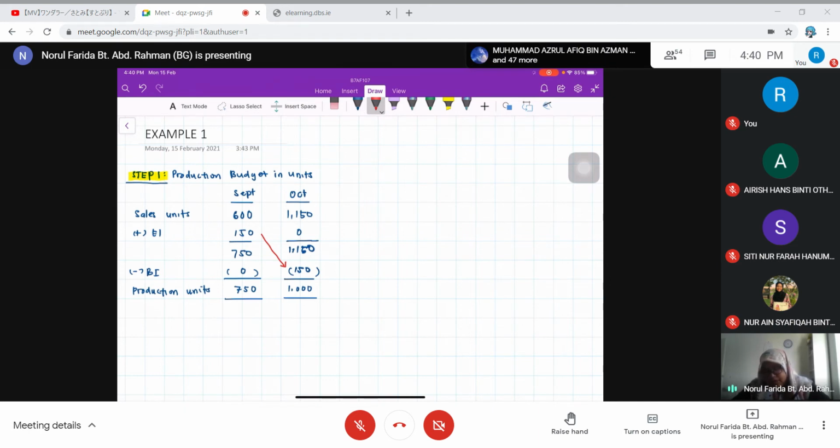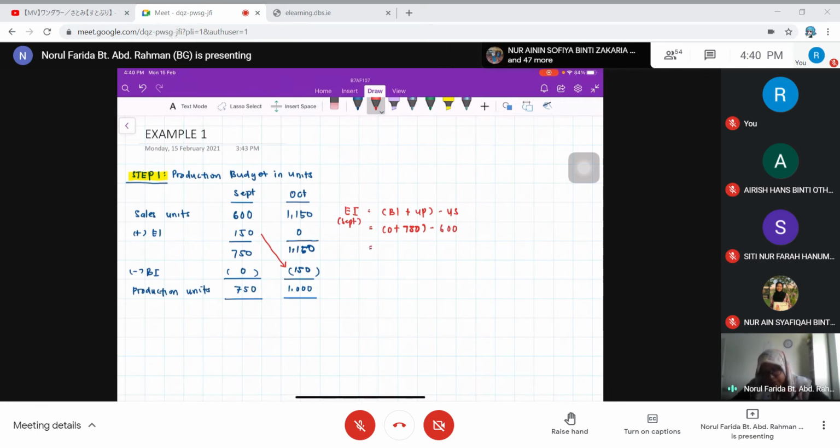Okay. You have another calculation. Another method to calculate your ending inventory is beginning inventory plus units produced minus units sold. For example, ending inventory untuk September, beginning inventory kita assume kosong. Unit produce untuk September adalah 750 minus unit sold adalah 600.